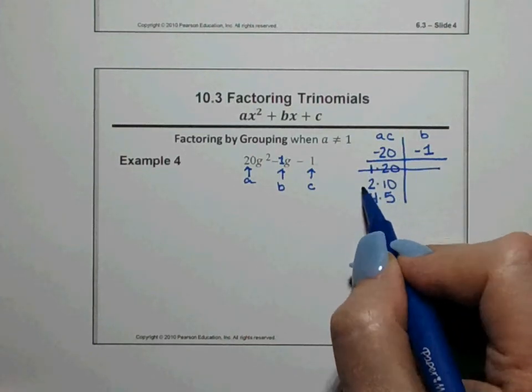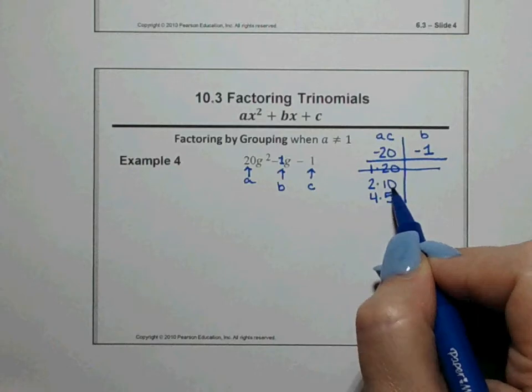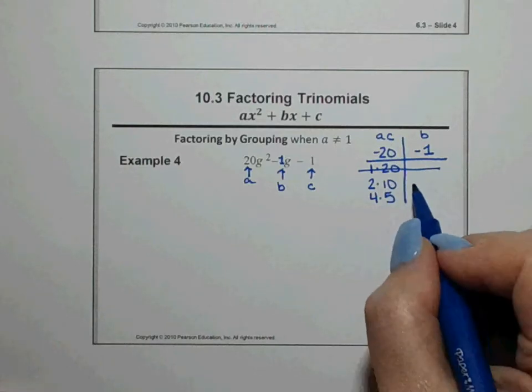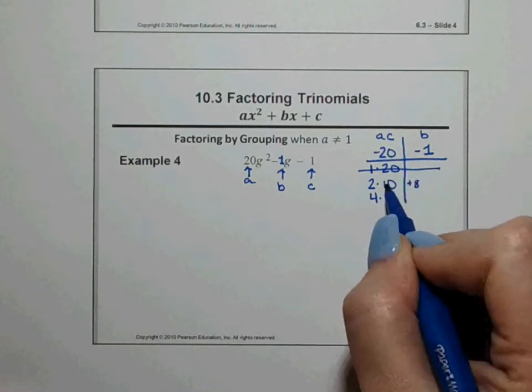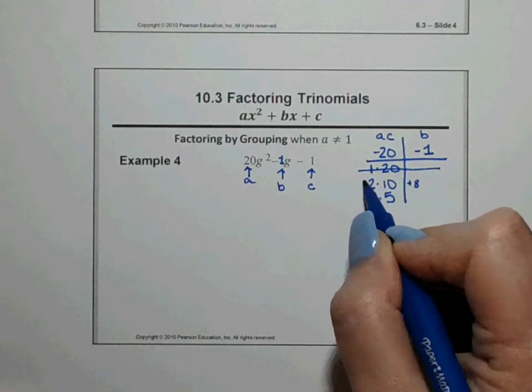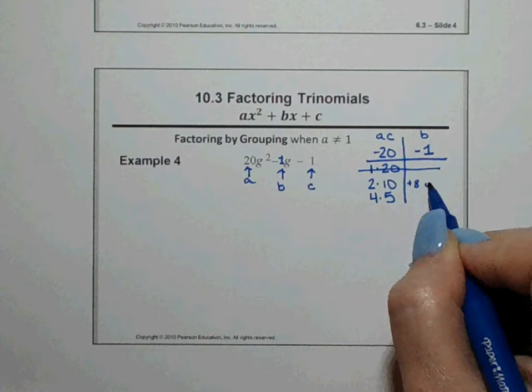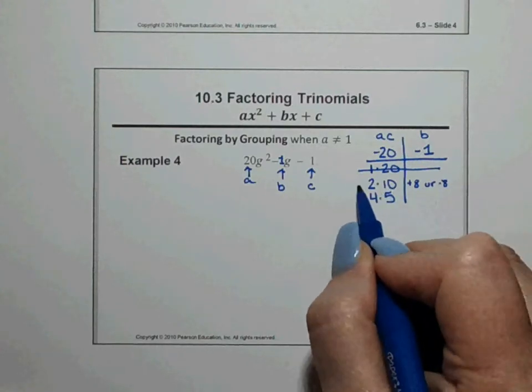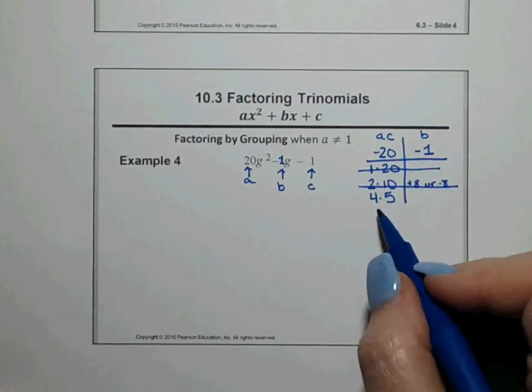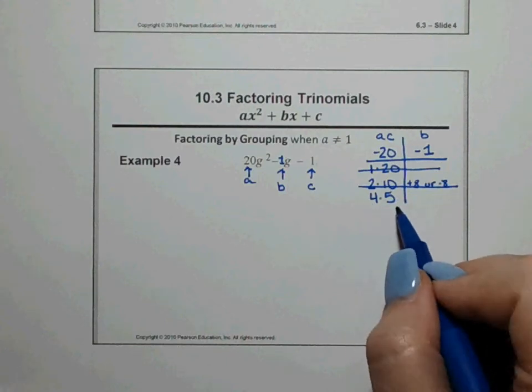If I make the 2 negative here and the 10 positive, I'm going to end up with a positive 8. If I make the 2 the positive and the 10 the negative, I would end up with a negative 8. So those don't work either. But luckily these two are going to.